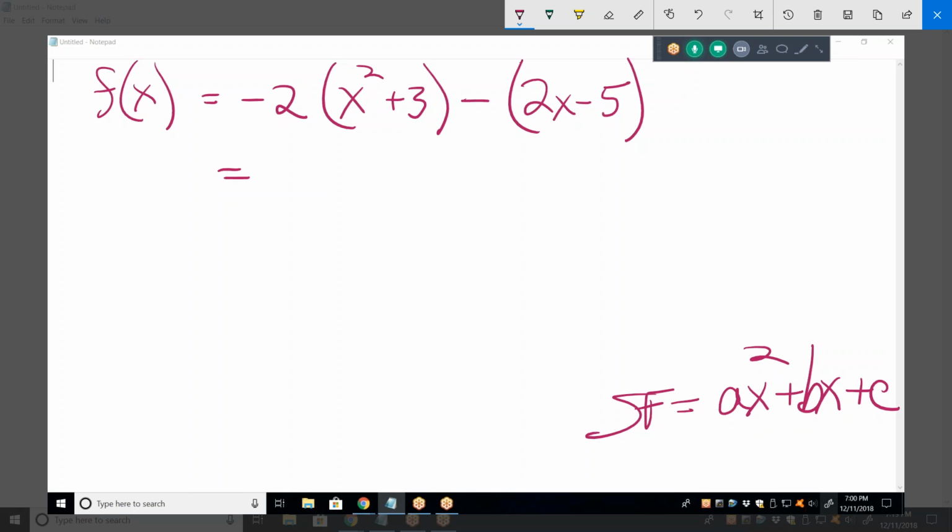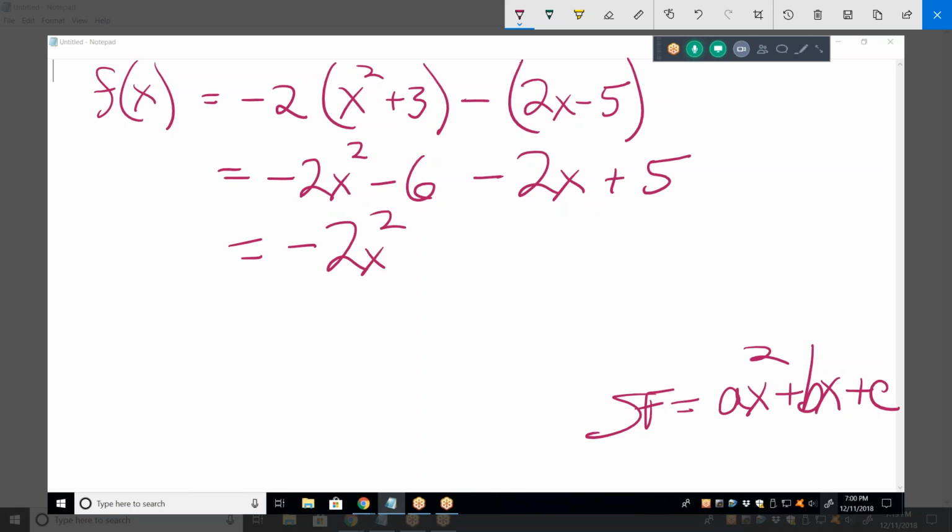So negative 2x squared minus 6 minus 2x plus 5. Good. Now the only thing that you can do is combine the numbers. So that would be, negative 2x squared minus 2x minus 1. Okay.